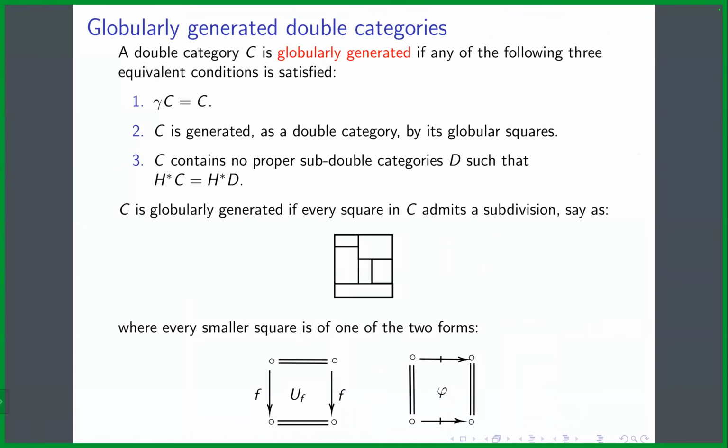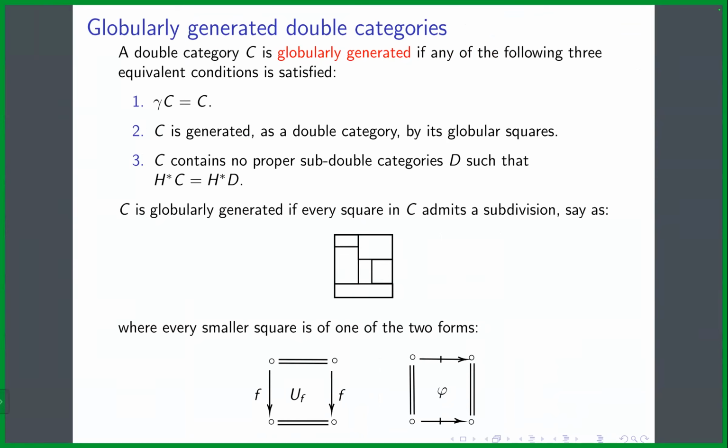So number 2 says that a double category C is globularly generated if every square in C admits a subdivision, like this, where every smaller square is either a horizontal identity or a globular square.